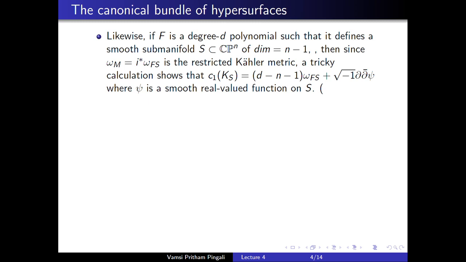So in other words, at the level of cohomology, it's simply a multiple of the Fubini-Study Kahler class restricted to the manifold. By the way, if you find it difficult to do this calculation, it's there in a paper by Liu called the Bando-Futaki invariants of hypersurfaces.